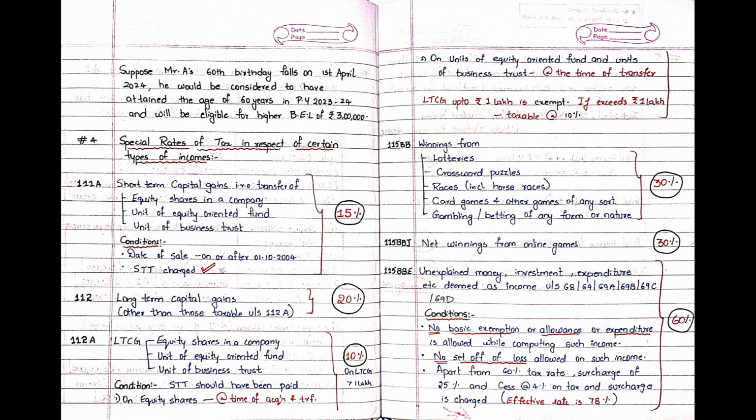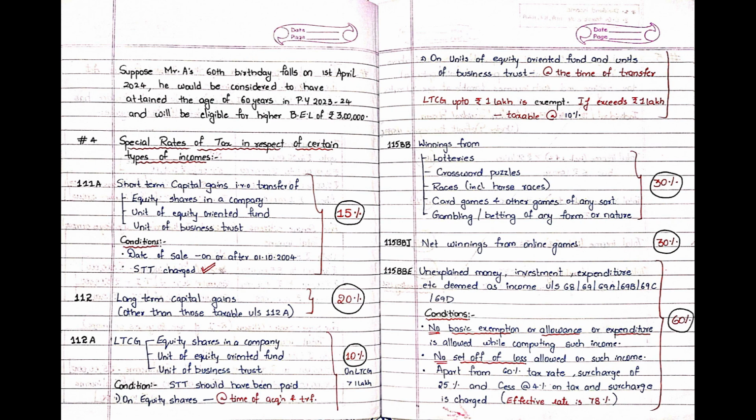If it doesn't exceed rupees 1 lakh, the tax is exempt. For all the long-term capital gains other than those mentioned now under section 112A, the tax rate will be 20% as per section 112.